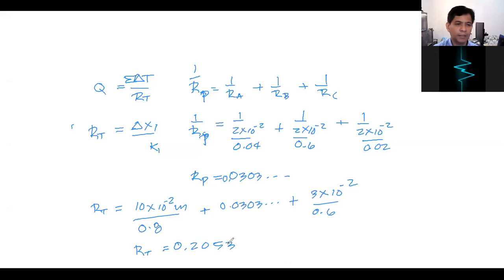Tapos gamitin natin dito sa first equation, yung Q is equal sa summation of T over RT. So 1228.29. Tapos ang initial temperature natin 450. Minus tayo nung T3 na to, ano? T4 kasi yung final answer natin. Tapos divided by 0.2053. I hope it will be the same as 197.